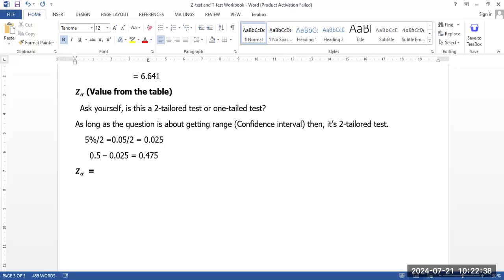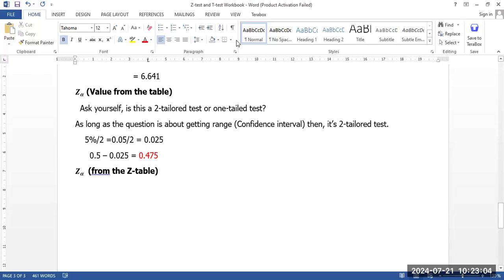So we need to know from the Z table which value is going to help you to get this probability.